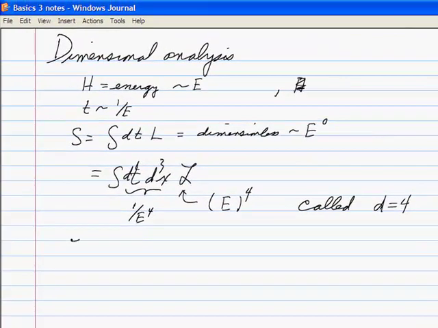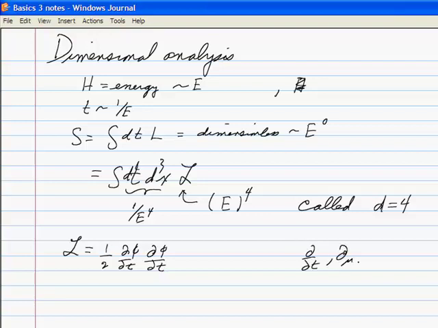The Lagrange density for the cases that we did so far starts off like 1/2 d phi dt, let me write this out twice, d phi dt, it's phi dot squared. D by dt, or any derivative, any d mu, goes like 1 over energy.